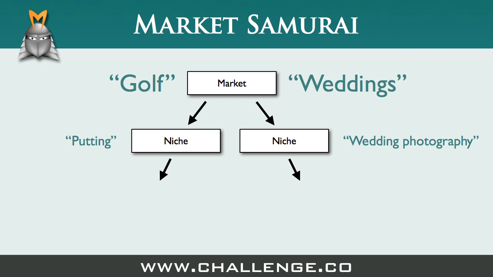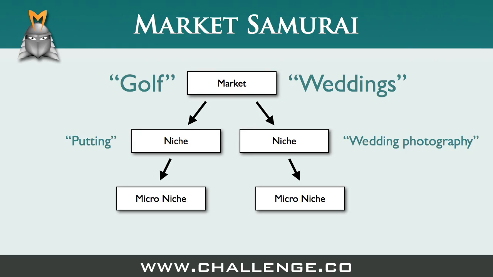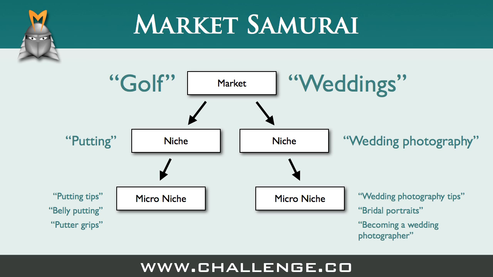Within each niche, there are many smaller sub-niches known as micro-niches. Beneath the niche putting, we might see micro-niches like putting tips, belly putter, or putter grips. And micro niches that we might discover in the niche wedding photography might include wedding photography tips, bridal portraits, and becoming a wedding photographer.